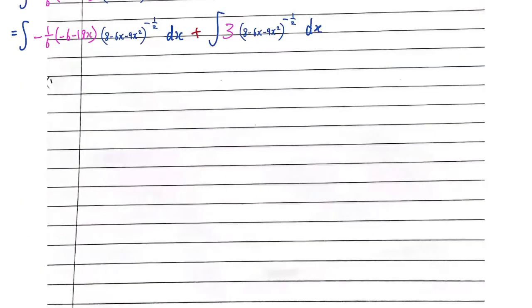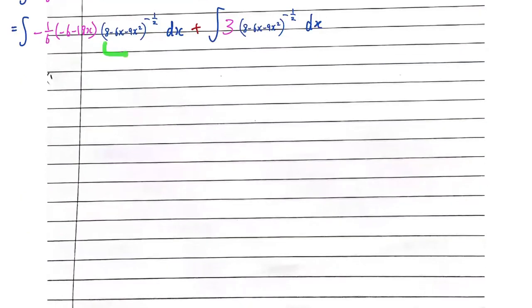Let's deal with this updated expression. This guy and that guy, the insides here, is it the derivative? Is the -6 minus 18x the derivative of the 8 minus 6x minus 9x squared? Yes, already, right? So that means we are safe to use our reverse chain rule. So in this case, you can factor out -1/6 first, then you integrate this one.